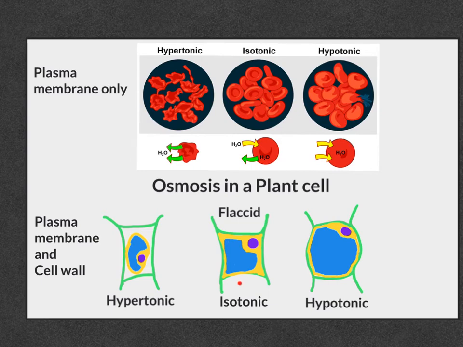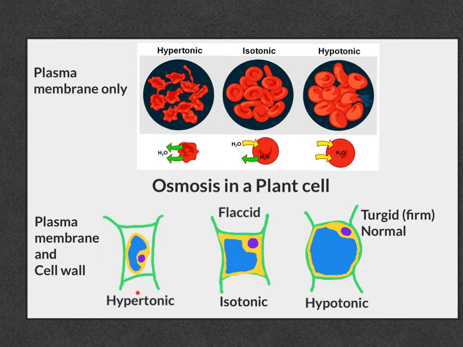So in an isotonic solution, where the solution outside of the cell is the same as inside of the cell, the plant cell is actually referred to as flaccid, whereas in the hypotonic solution, where the solution outside of the cell is less concentrated than inside of the cell, so water will flow in, this is referred to as the turgid or normal solution for the cell. Remember, in a cell with just a plasma membrane, like these red blood cells above, an isotonic solution would be the normal.